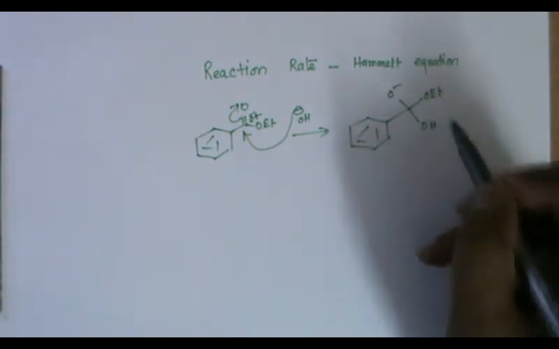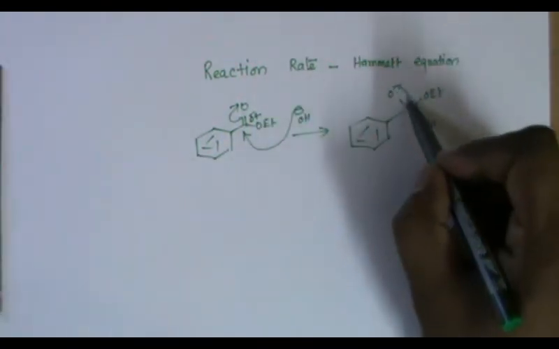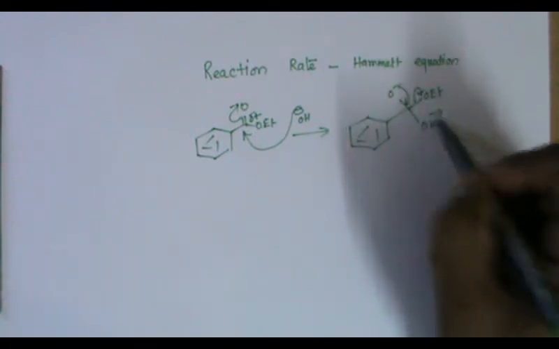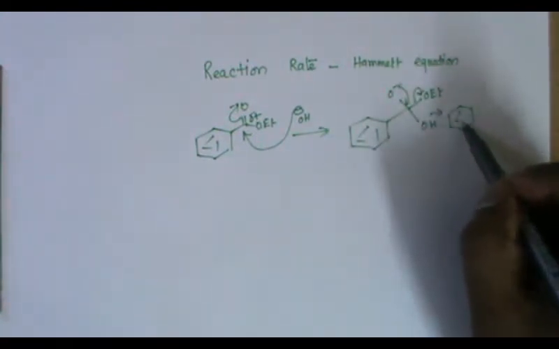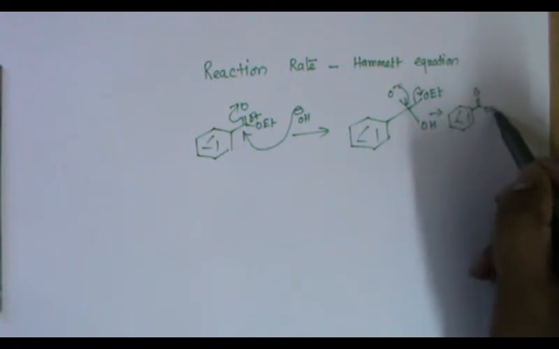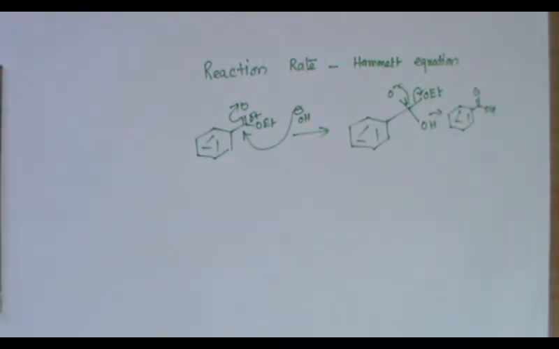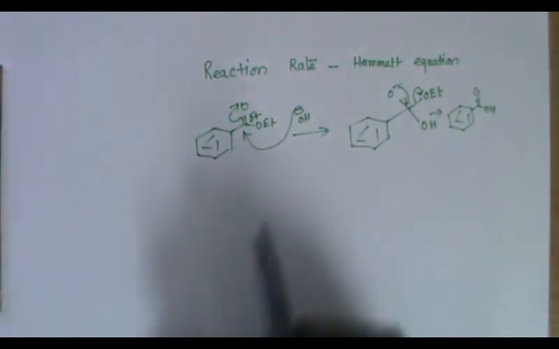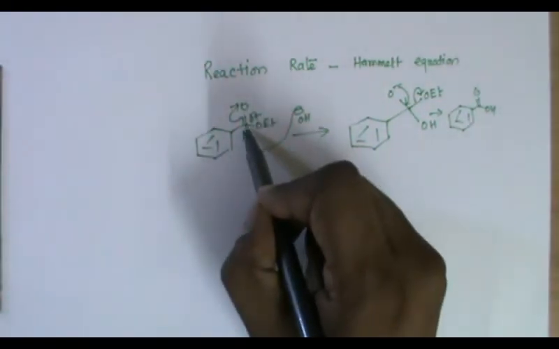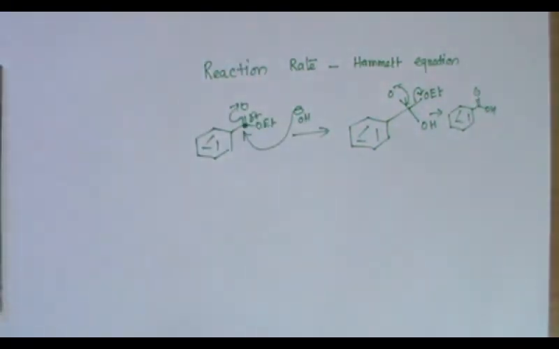Now OH I have added. Now when it comes back, we get acid. This is the mechanism. Now, the higher the del positive on this carbon, the higher will be the rate.